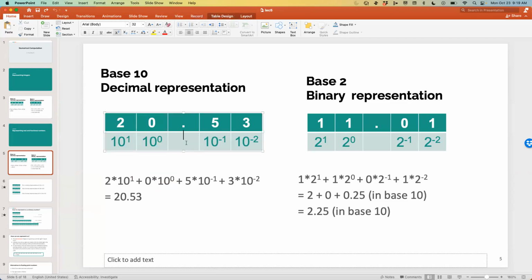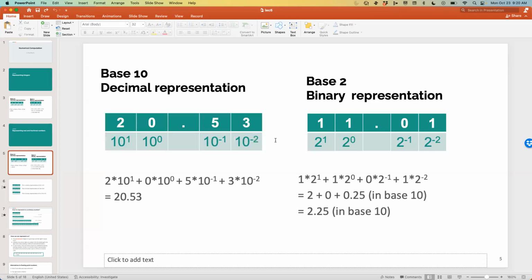And then with a dot here, you add some decimal places. These are the parts that are less than 1. We will multiply them by some power of 10 as well, but it's not a positive exponent anymore. It will be 10 to the power minus 1 and then 10 to the power minus 2.